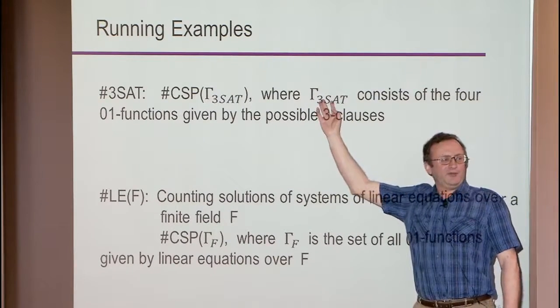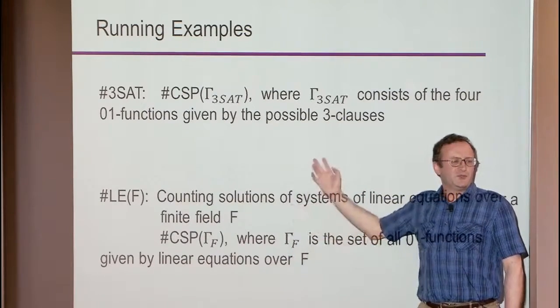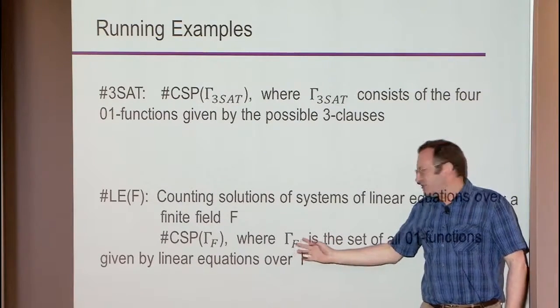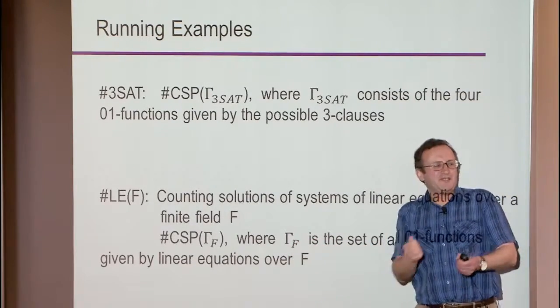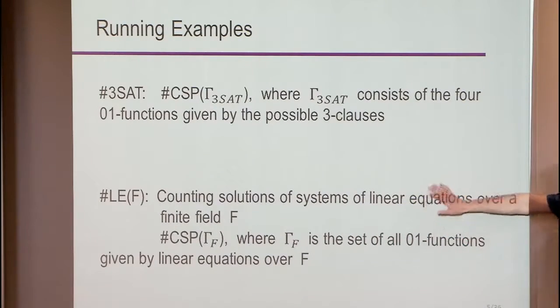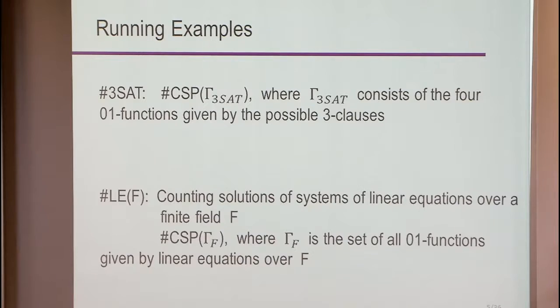In this case, we have only 4 functions. In this case, we have infinitely many. If we want to be more mean, as Mickey wants to be, we can reduce everything to equations over 3 variables and so on. But I don't want to do it here. It's not very important right now. Also, I will discuss such issues a little later.